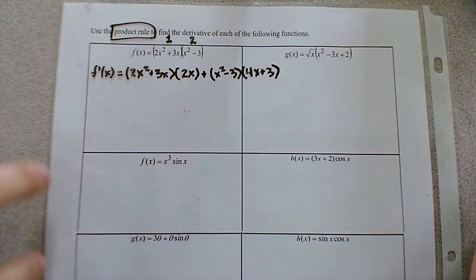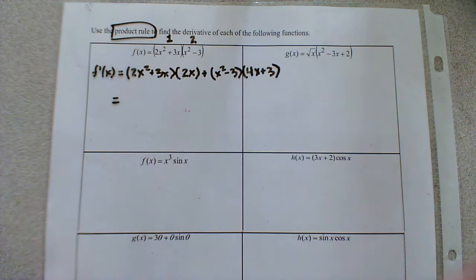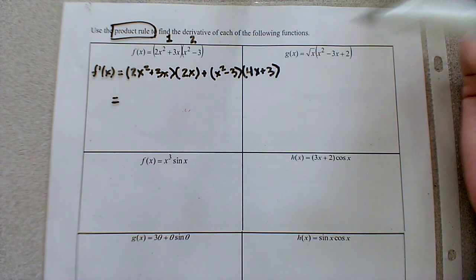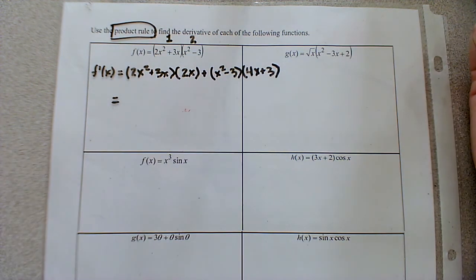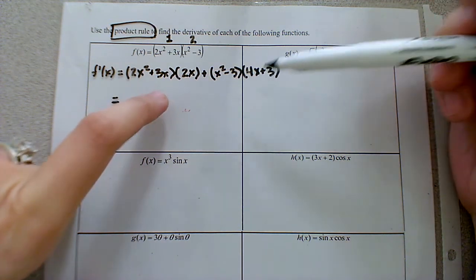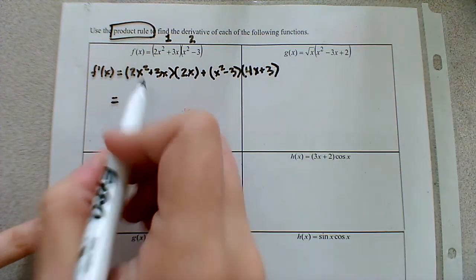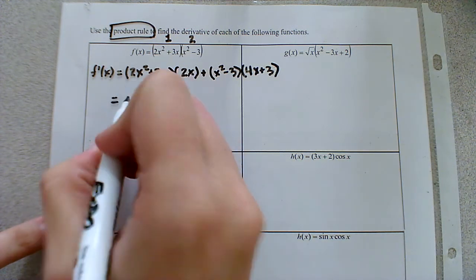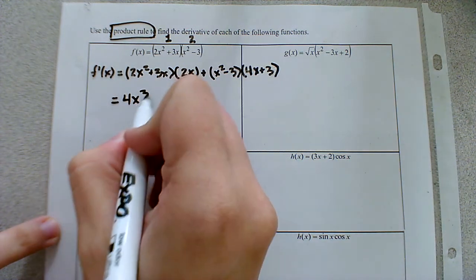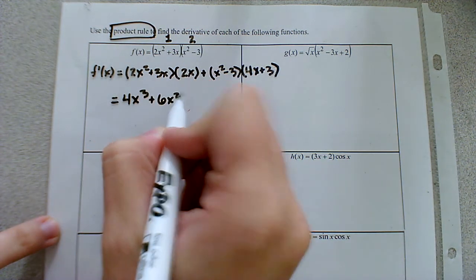So you can leave it like that, but just as an FYI, more often than not, the final answer on a multiple choice type question is going to be the simplified form. So I highly suggest cleaning this up, rewriting it, combining like terms, see what you can get in the end. So if we multiply these two quantities together, we'll get 4x cubed plus 6x squared.